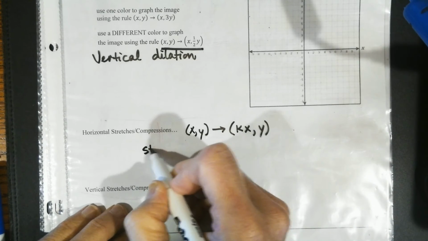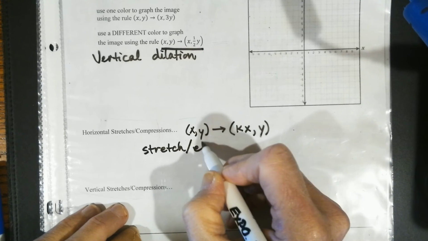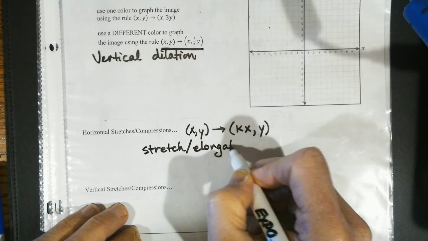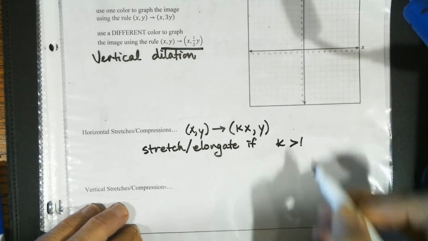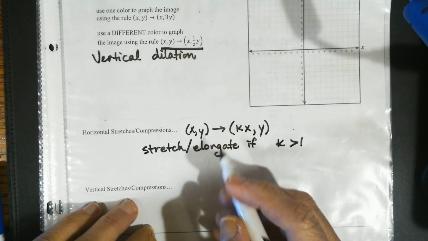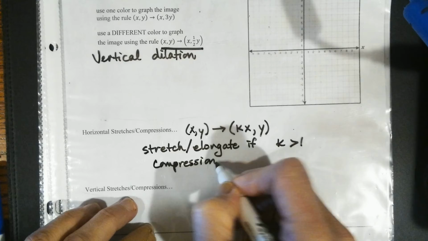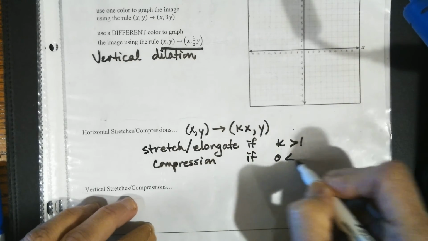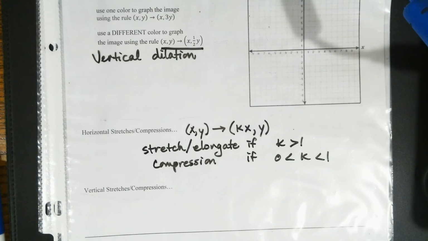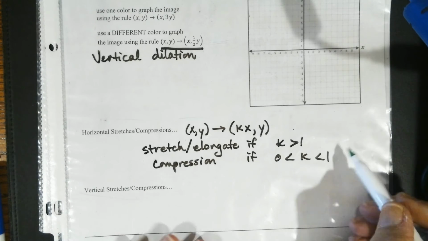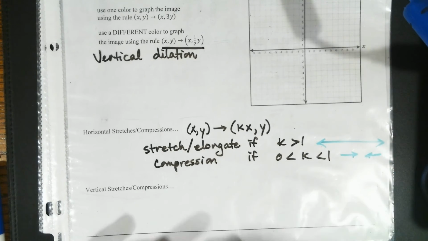Okay, so again, it's a stretch, or you can call it elongation, if k is greater than 1. That means your stretch factor is more than 100%. It is a compression if k is less than 1. So you can think of this as stretching further this way, or this shrinking that way.